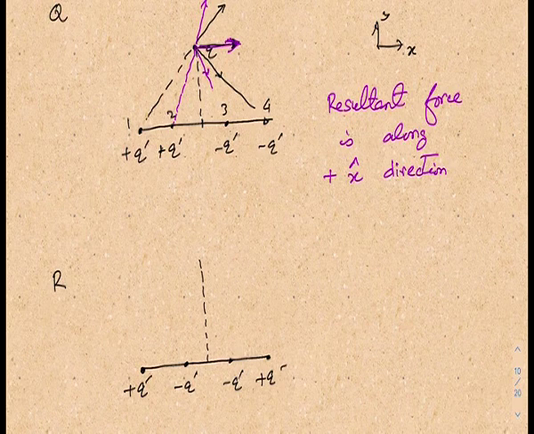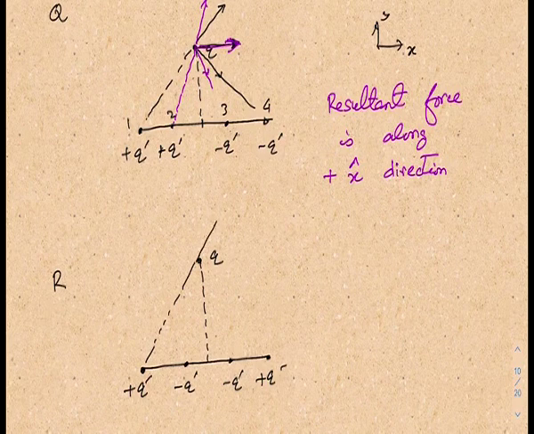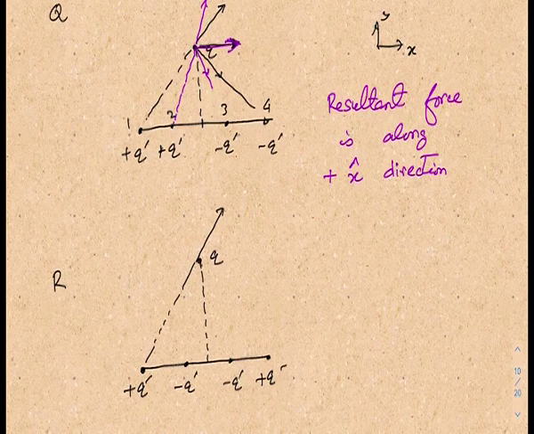So in this case, again the same analysis: the force would be along this direction because of this, and because of the charge at position 4.